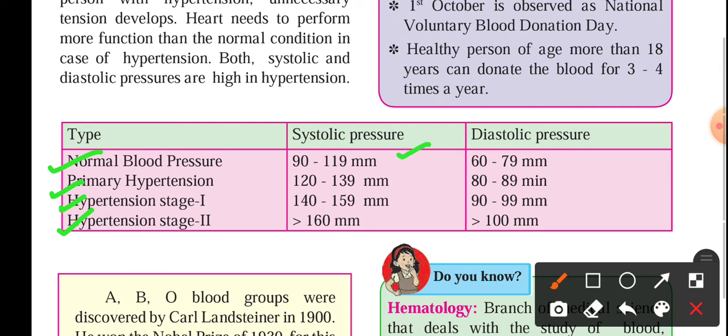Normal is 90 to 119 systolic, and 60 to 79 diastolic. Primary hypertension is 120 to 139 and 80 to 89. In hypertension stage 1, systolic is between 140 to 159 and diastolic is 90 to 99. Hypertension stage 2 is systolic 160 or more, and diastolic 100 or above.